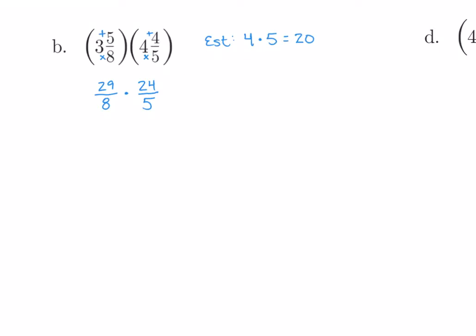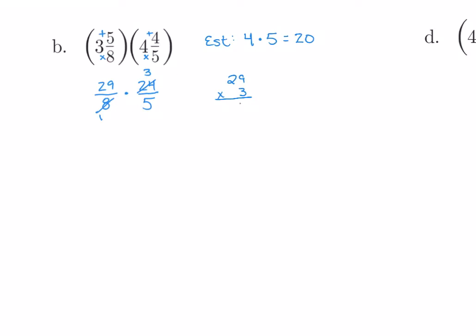All right, let's go ahead and cancel common factors. 8 and 24 are both divisible by 8. We get 1 and 3. We multiply straight across. I'm not sure what 29 times 3 is, so I'm going to go ahead and come off to the side and multiply it.